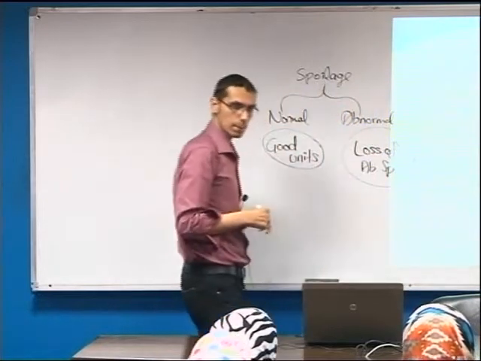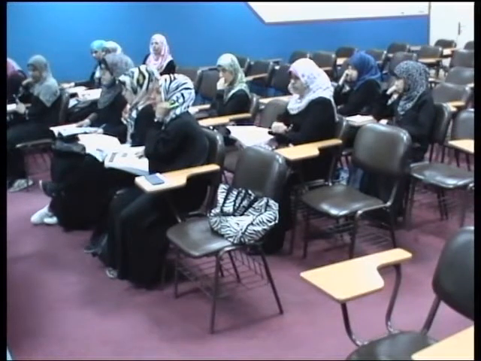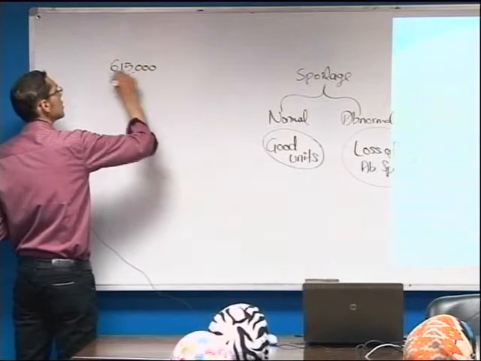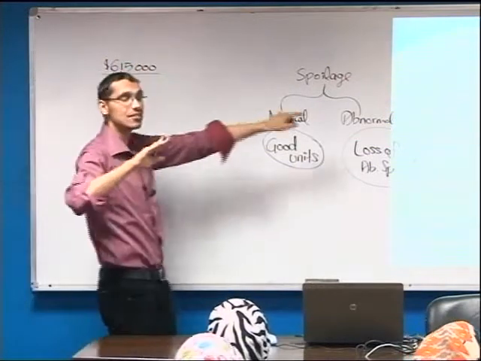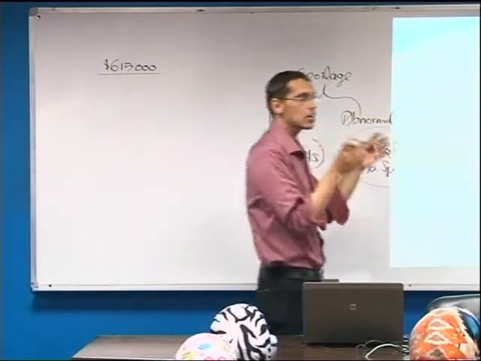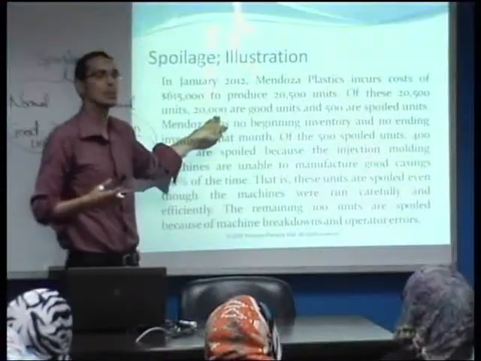First, we will know the cost per unit. Therefore, we have $615,000 divided by the total number of units, not the 20,000 only. If we are not going to account for the spoilage, we are going to divide by the 20,000.